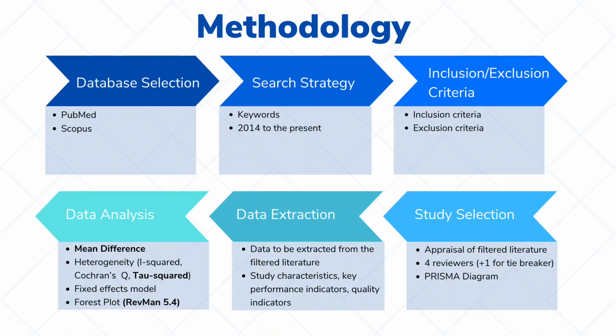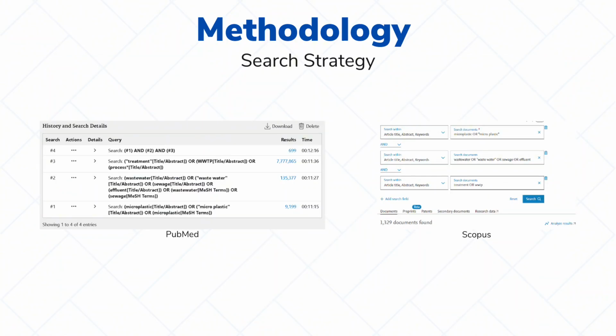Then, a fixed effects model will be used to determine heterogeneity as it acknowledges the likeliness of the variation between the effect sizes due to different methodologies, geographical locations, and other factors among the studies. Lastly, the gathered data from multiple studies will be presented in forest plots for visual representation and to determine statistical significance.